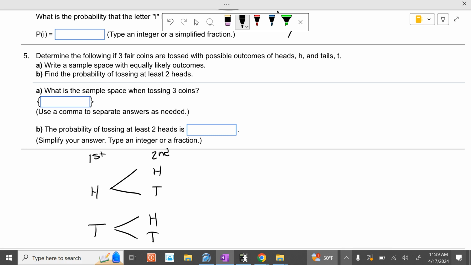So if you're tossing 2 coins, you could get a heads and a heads, a tails and a heads, or a tails and a tails. So there's 4 outcomes possible with tossing a coin twice. If you toss it a third time, which we're doing, each one will have a heads and a tails coming off of there.